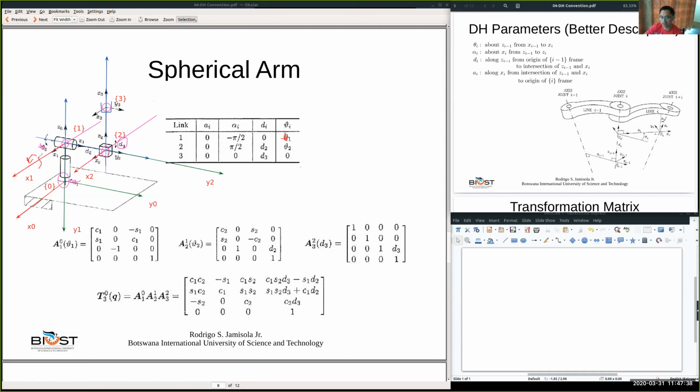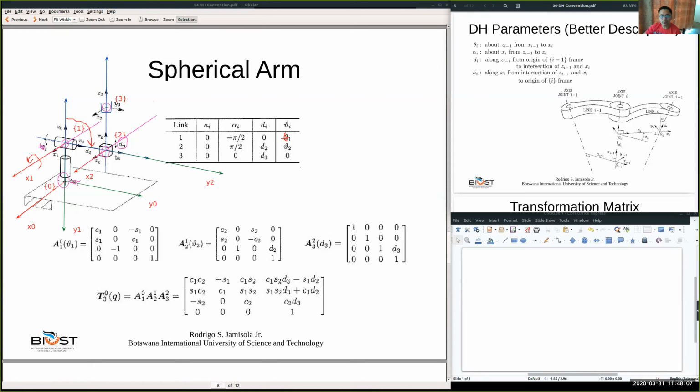Okay, because now, as you can see here, the rotation about X1, this is the positive direction. But because from Z0, from here, going to here, that's in the opposite direction. So that's why it's negative pi over 2. Okay, so now D1, along Z0.